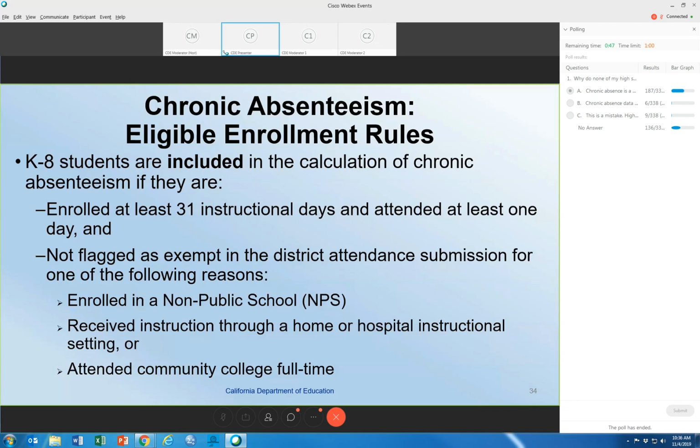We do not include those students who have been considered exempt in the district attendance submission for one of the following reasons. Either they've been in a private school, or they have home hospital instruction, or they're attending community college full-time. All other students that meet those eligible enrollment criteria are going to be included in our denominator, and then those who have the 10% absence would be included in our numerator.